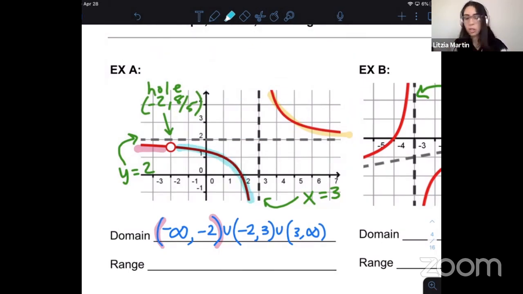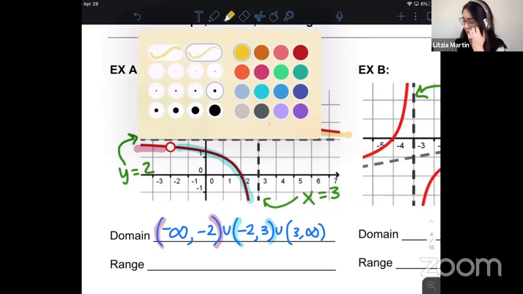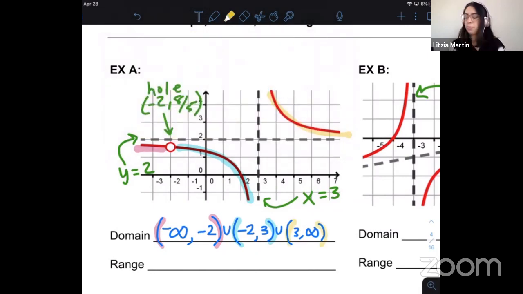Then you have the next chunk, that's that interval, and then the last one, 3 to infinity. So you should be accounting for your whole graph in this case, okay? Are there any questions on that part so far?